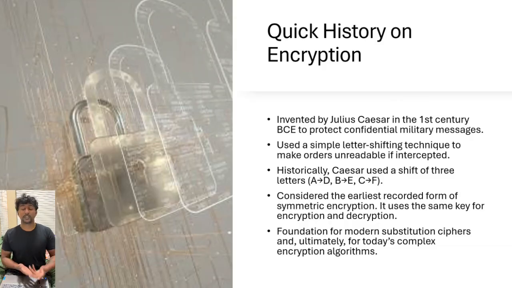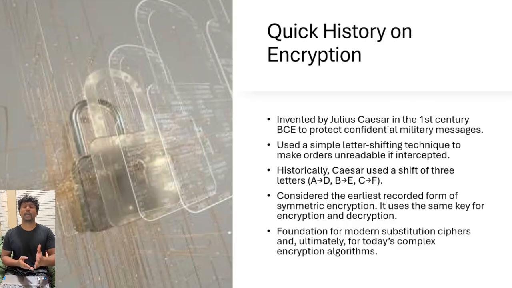So, to explain that further, say for example, I wanted to encrypt ABC in that order using the Caesar cipher. I would shift each letter by 3 letters in order to make this work.